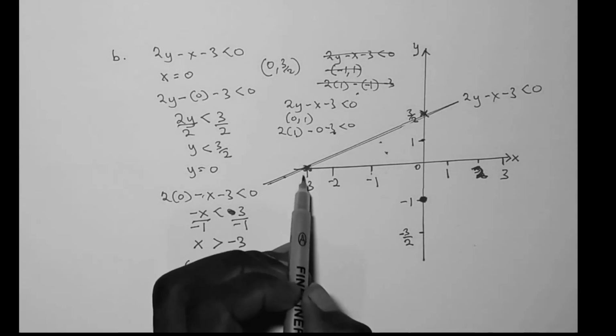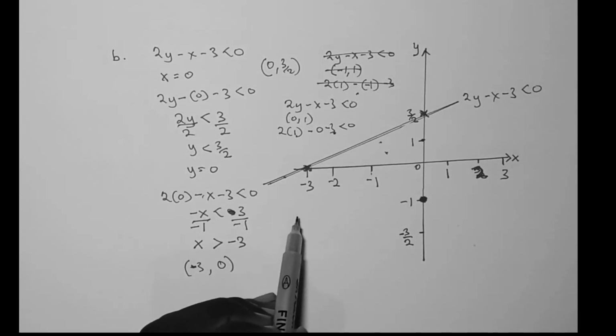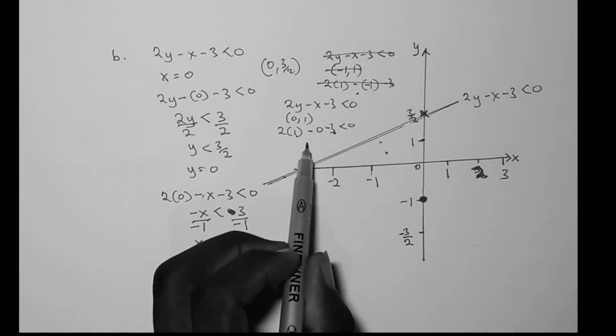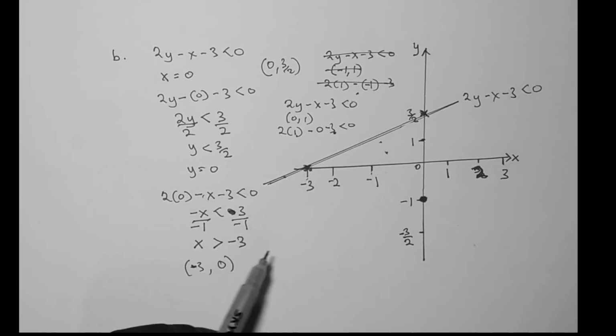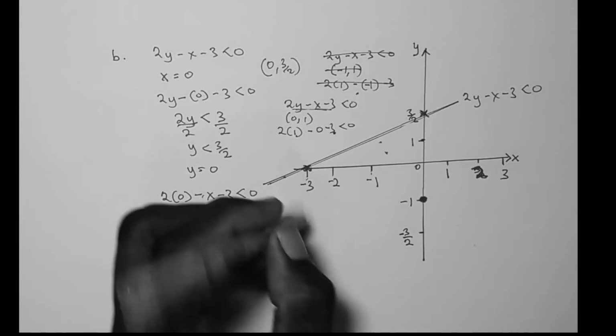Now let's try a point above the straight line. Let's take the point (minus 3, 3) and see whether it will satisfy this inequality.